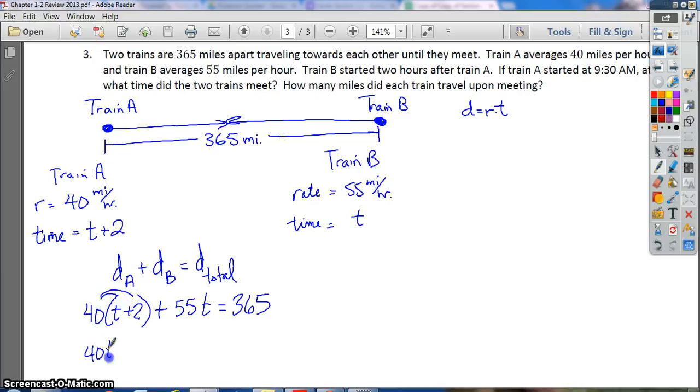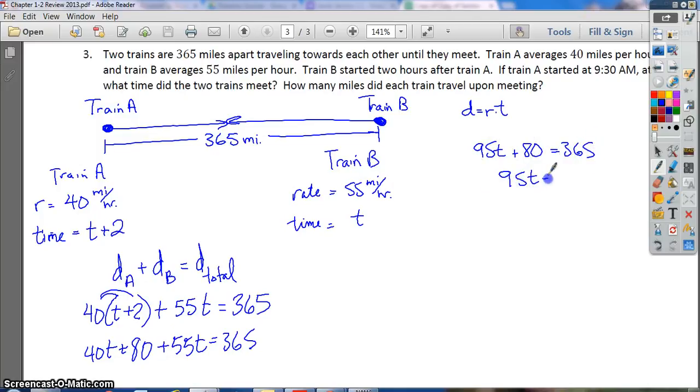You get 40t plus 80 plus 55t equals 365. Let's combine like terms. We get 95t plus 80 equals 365. We're going to subtract that 80 over, get 285, divide by 95. t is going to be 3 hours. So that means his travel time is 3 hours.